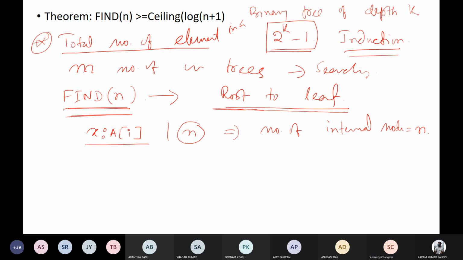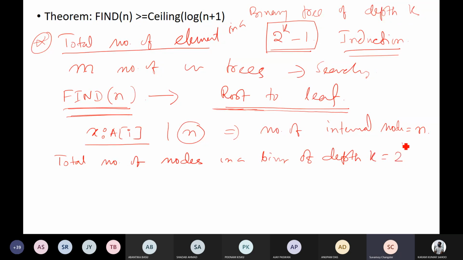Okay. Then the total number of internal nodes that we have to visit, where the level is less than or equal to k. Level means depth. So what is the total number of nodes in a binary tree up to the depth k?